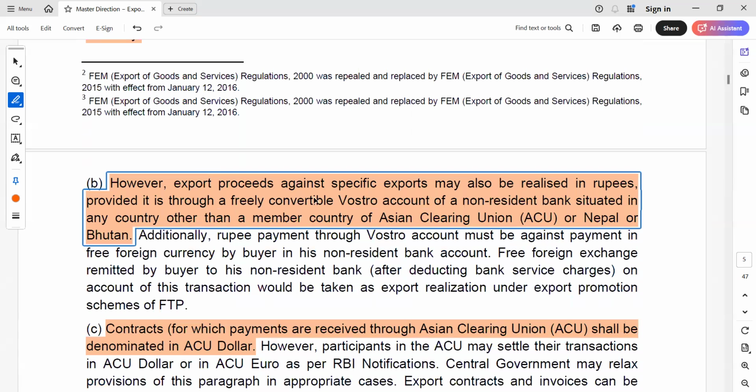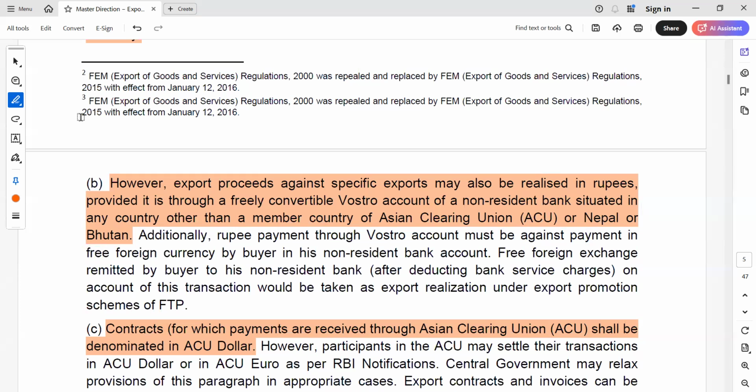However, export proceeds against specific exports may also be realized in rupees, provided it is through a freely convertible Vostro account of a non-resident bank situated in any country other than a member country of the Asian Clearing Union, ACU, and Nepal and Bhutan. So friends, here, suppose somebody has raised the invoice in INR.